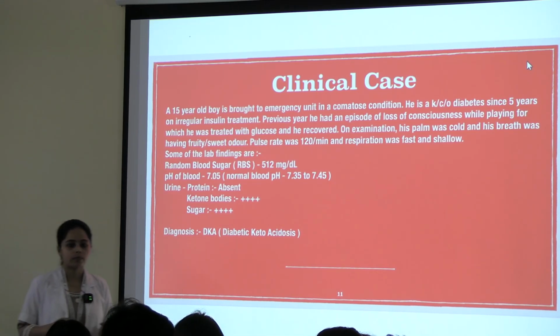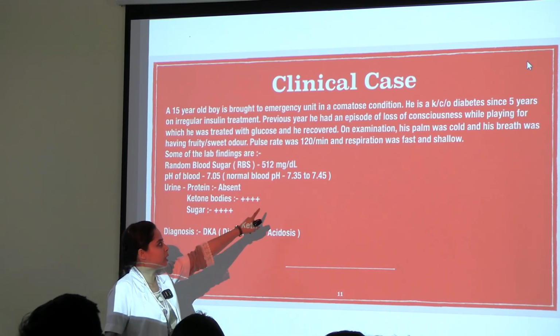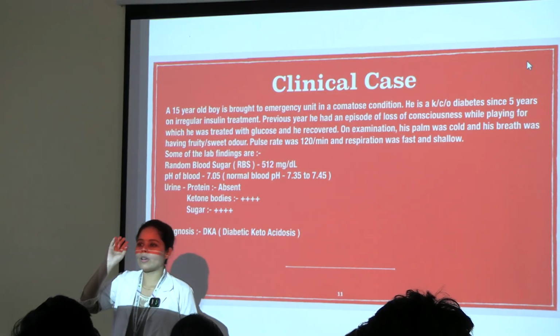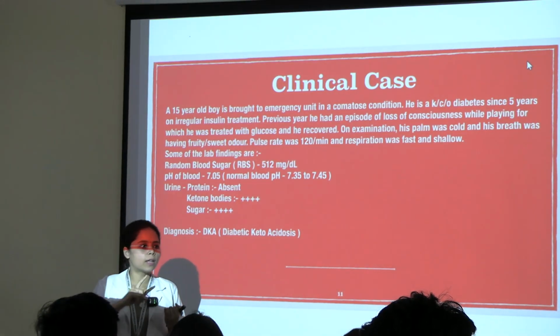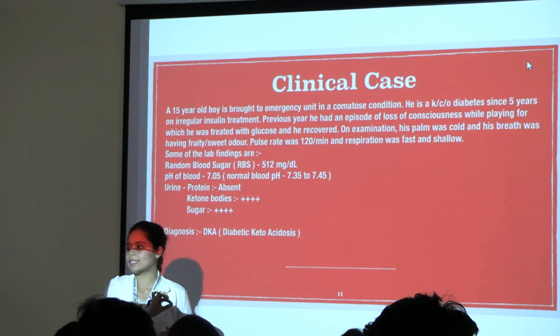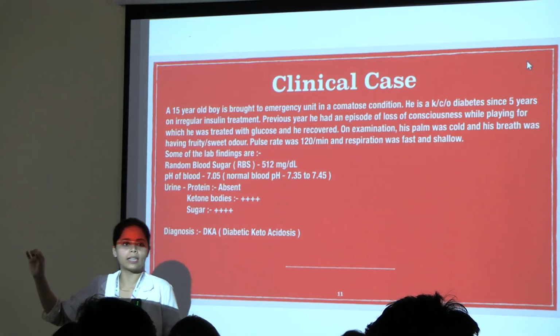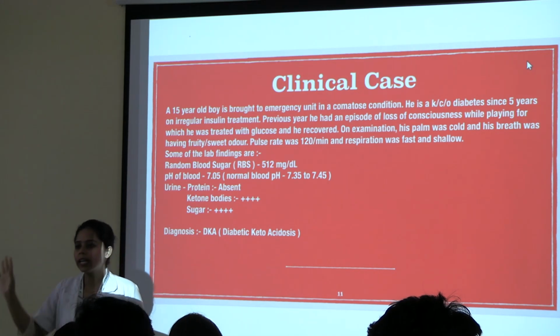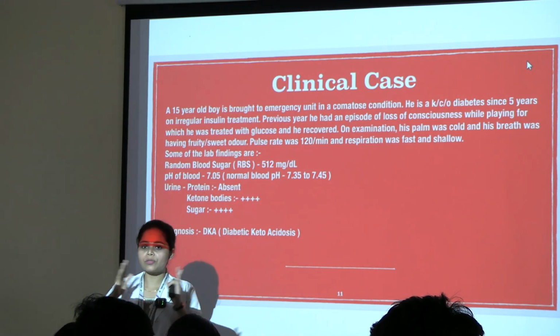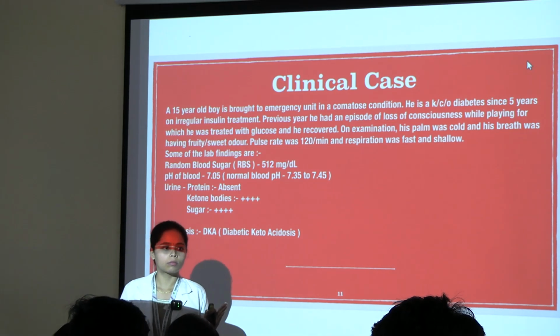No, see, listen to me. The pH here is 7.35 to 7.45. Nobody can have an accurate pH like the normal pH. If you ask, then it is 7.4. Anything less than that is acidic, anything more than that is basic. But nobody can have exactly a 7.4 pH. That is why we give a range. You understand?